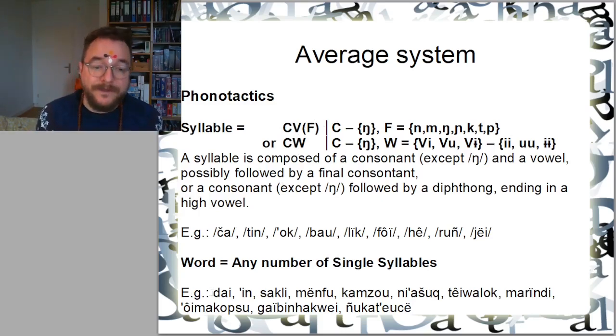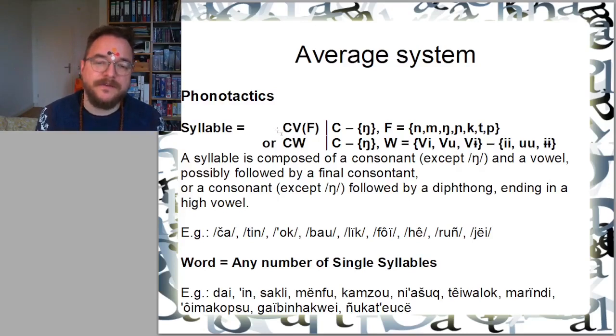Examples would be dai, in, sakli, mönfu, kamzo, ni a shung, di wa lok, marindi, oi ma kopsu, gal bin hakwei, nyukat eutse. You notice that these words get already more complex than in the videos before. Still, they are pronounceable.